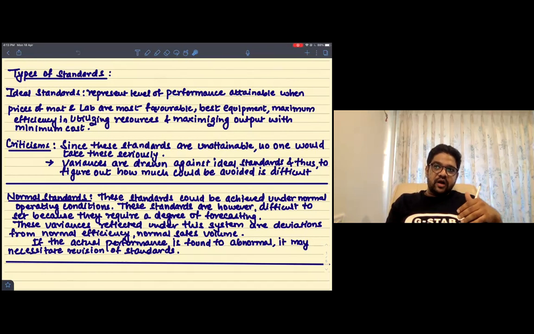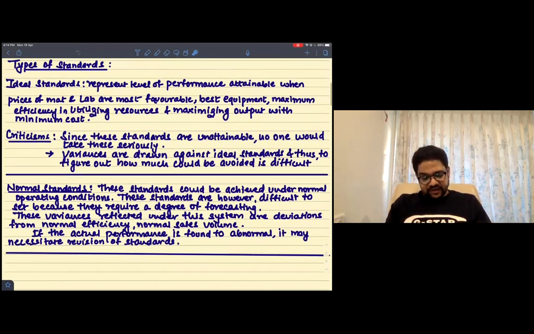When those are considered while drawing your standards, such standards are called normal standards. If you're comparing with the normal standard, the variances will show you deviations from the normal efficiency and the normal volumes. So these are usually more achievable, more attainable.